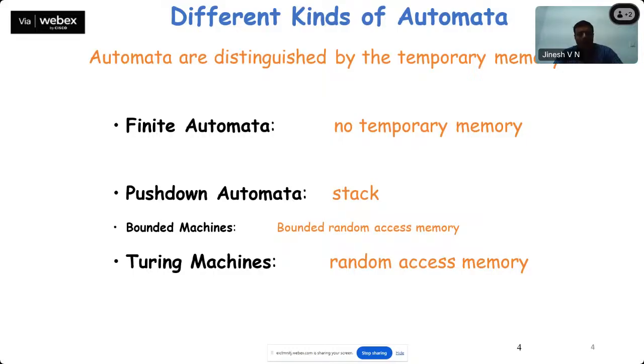So there are different types of automata. Generally, we'll say finite automata.